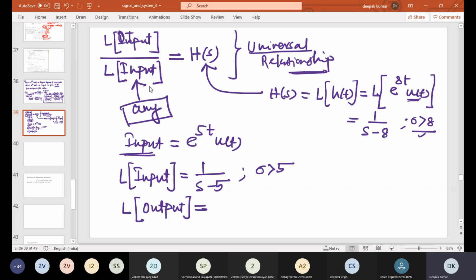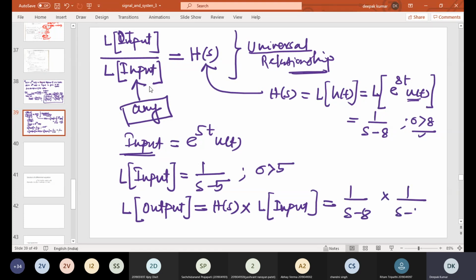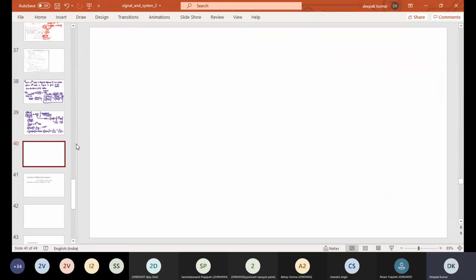Laplace transform of output is equal to H(s) multiplied with Laplace transform of input, and this is 1 by s minus 8 and 1 by s minus 5. So the Laplace transform of output is equal to 1 by (s minus 8)(s minus 5).